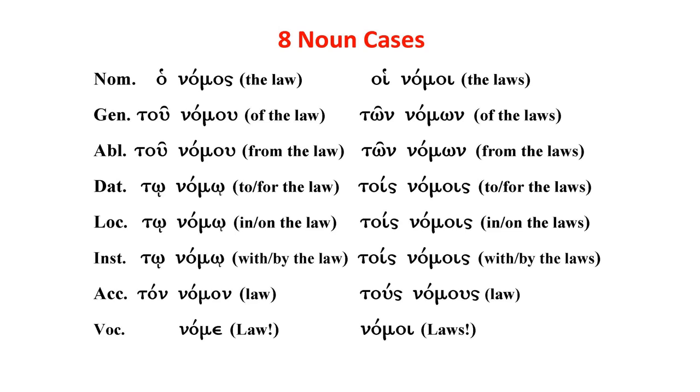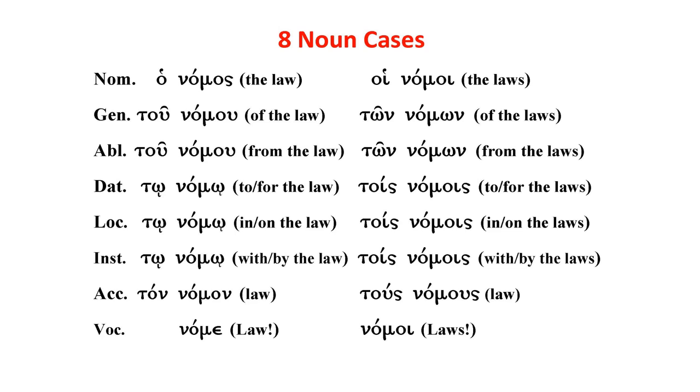And so I also want to explain that though you see 8 different cases used here, most Greek scholars believe there's 5 actual cases in Greek, and that is because there's really only 5 forms that are distinguishable, because the genitive and ablative share the same form, as well as the dative, locative, and instrumental, they share the same form. So 8 condenses really down to 5.